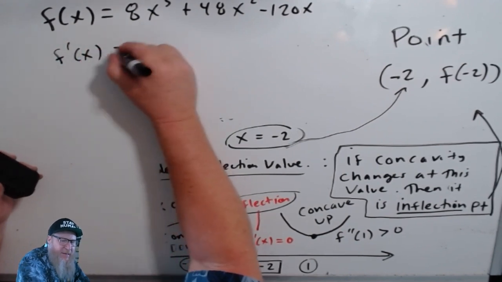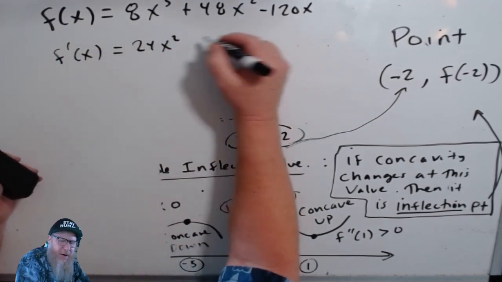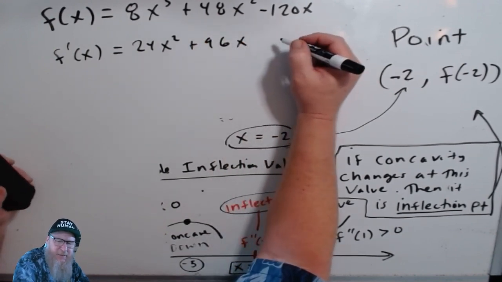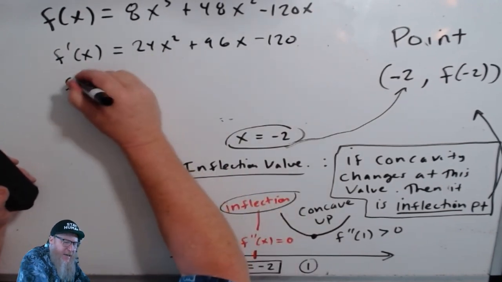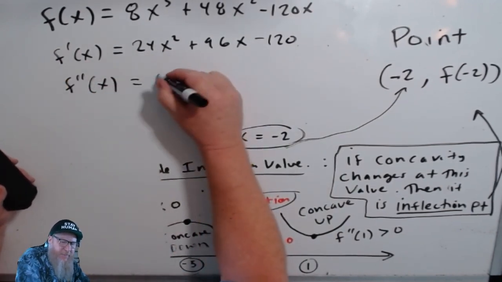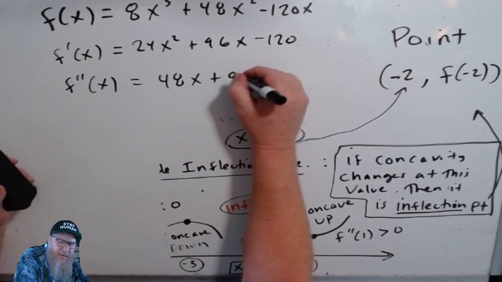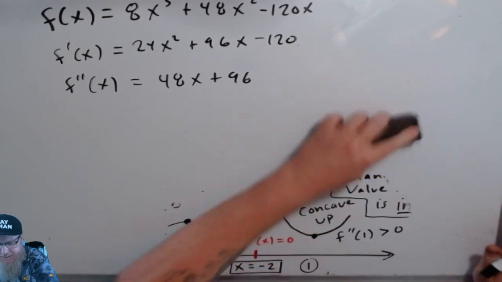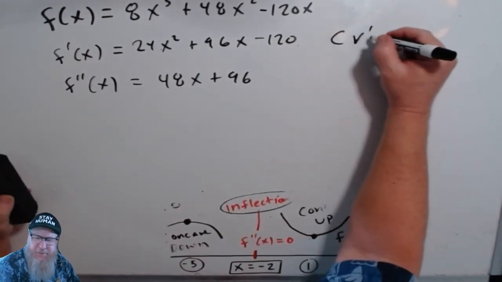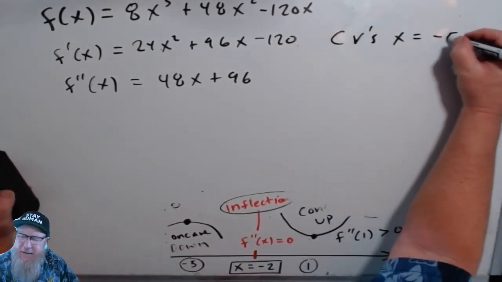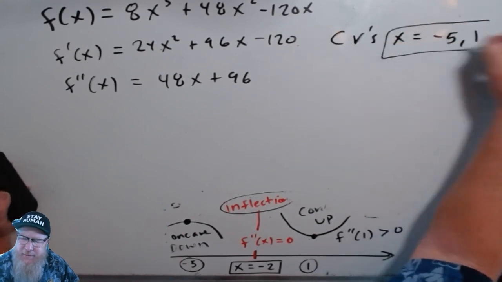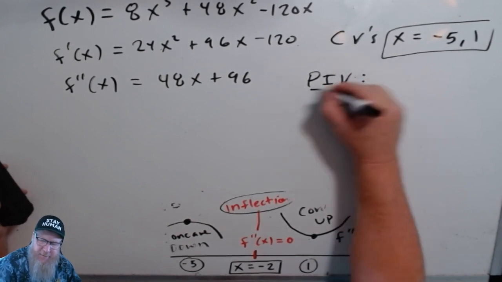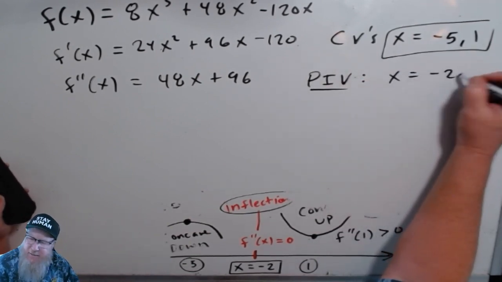F prime of x was 24x squared plus 96x minus 120. F double prime was 48x plus 96. We have critical values at -5 and 1. We only have one PIV at x equals -2.